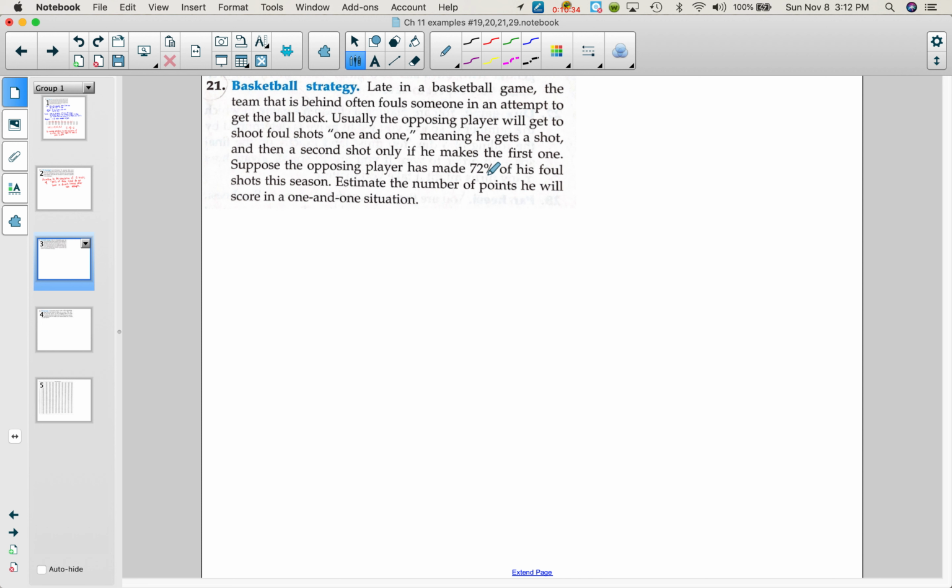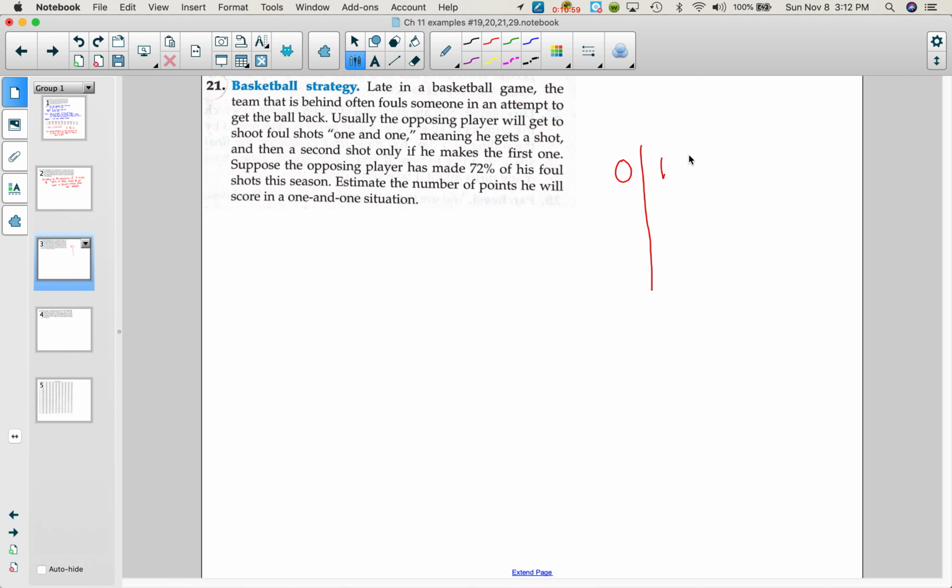So let's think about that. Now he goes to the line, takes a shot. So he either misses it and gets 0 points. So there's the possibility that you get 0 points, and if you miss the first shot, you don't get a chance to take the second shot. Or say you make the first shot. Well, that means you made 1 point, and so then you get a second shot. So if you miss the second shot, then you just get that 1 point.